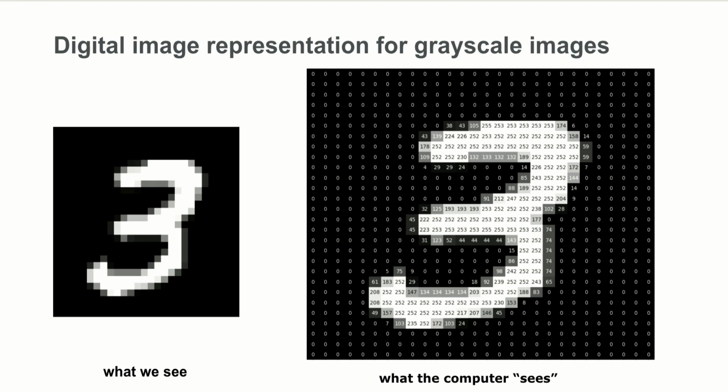When we look at a grayscale image on a screen, we see a familiar shape. In this case, we see the digit 3. However, the computer does not see the digit the same way. Instead, it stores and processes the image as a matrix. So it has no idea about its semantics. It has no understanding of the purpose of this set of pixels together.